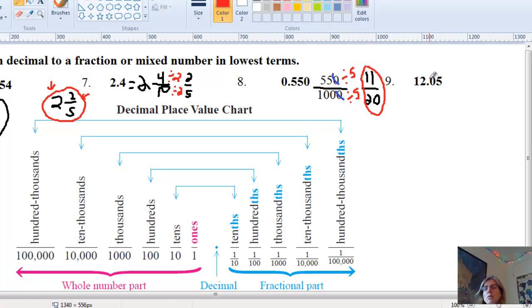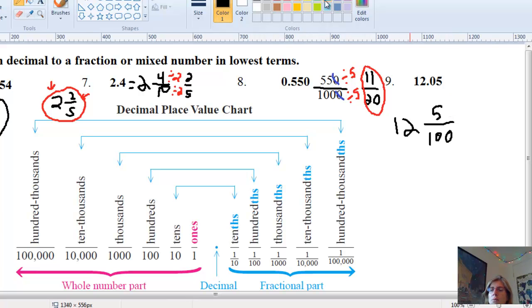Number 9, we have two digits to the left, the whole number 12, so the whole number 12 becomes just a whole number. And then the numbers to the right have to be the fraction. We know we're going to have 5 as a numerator, so we have to decide the denominator, and the denominator is the place value. 5 is 2 places to the right, so it's hundredths, so the denominator is 100.